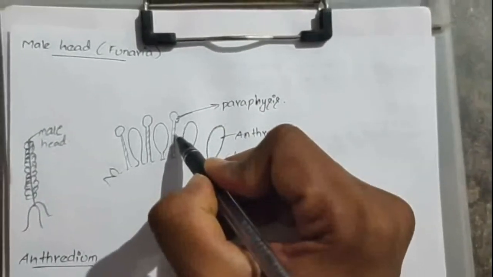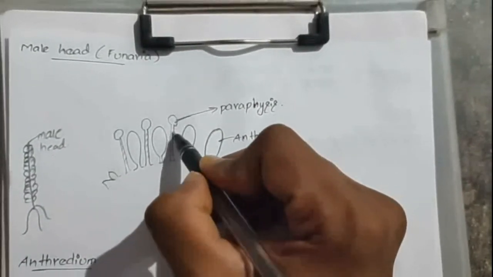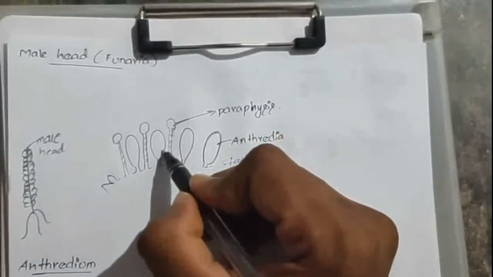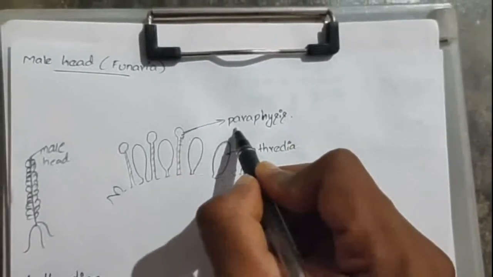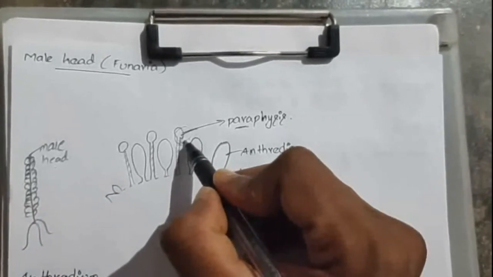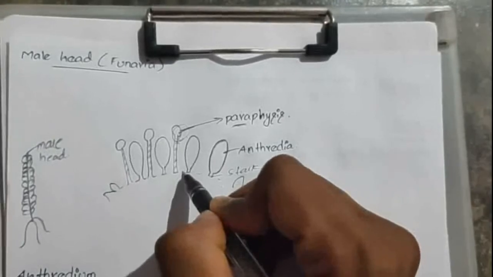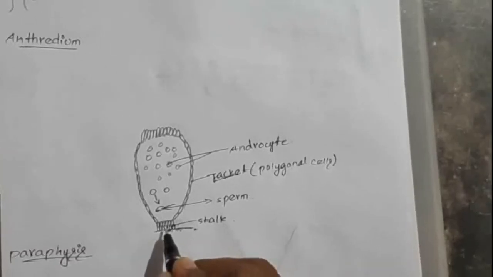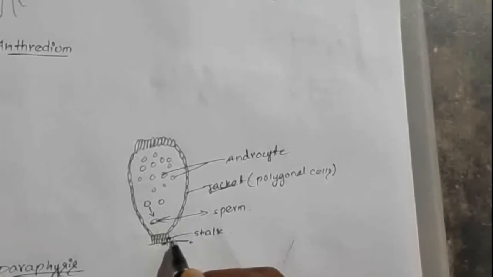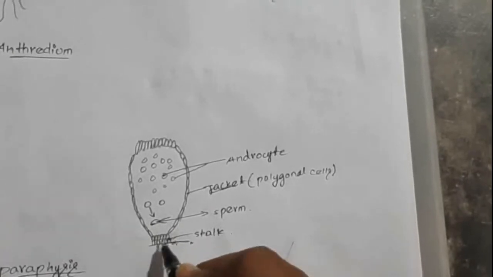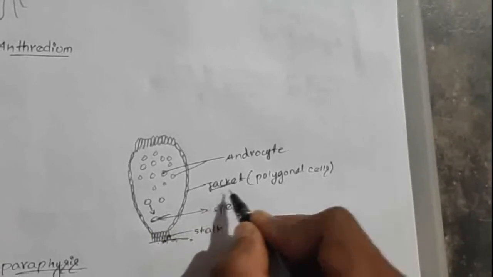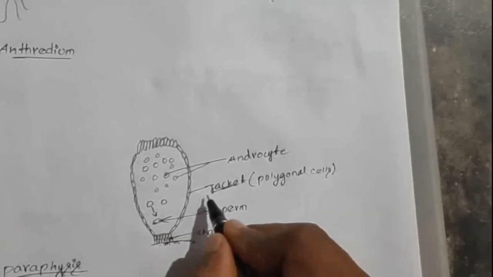This paraphysis is unbranched and multicellular, and its tip is swollen. These are present between the antheridia, and the paraphysis helps in photosynthesis and also absorbs water and helps the antheridium without drying. The part which is attached to the convex part of the male head is the stalk, which is multicellular layered, and above the stalk is the body. This body has an outer layer made up of many polygonal cells known as the jacket.